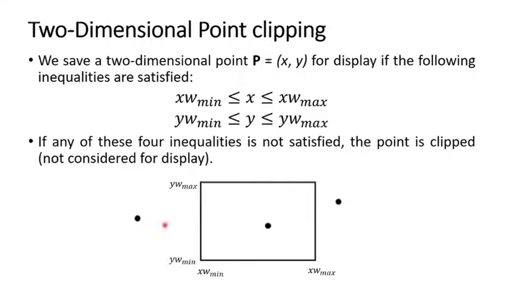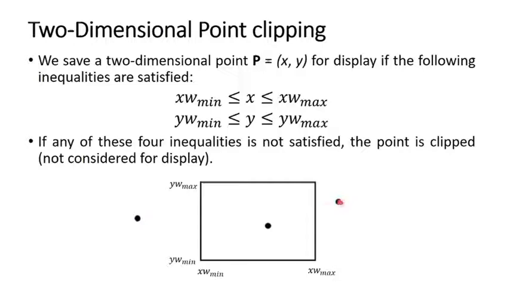So say suppose over here, imagine this point has a coordinate as x comma y. The x of this should be greater than x min, but this x is smaller than x min. So one of the conditions out of these four conditions is not satisfied, so we reject this point.